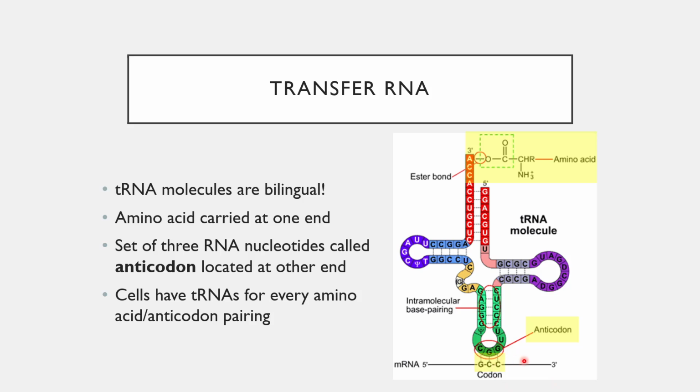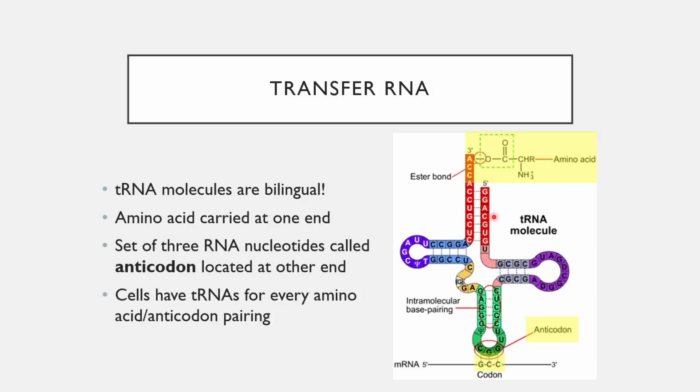And so every time in the messenger RNA the ribosome finds the complement of this, which is GCC, it will call up the appropriate transfer RNA molecule and it will attach. It will stick the codon here to the anticodon and drop off the appropriate amino acid into the growing protein.